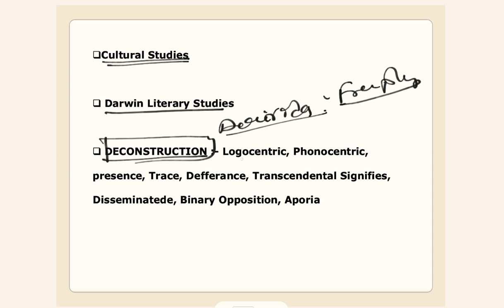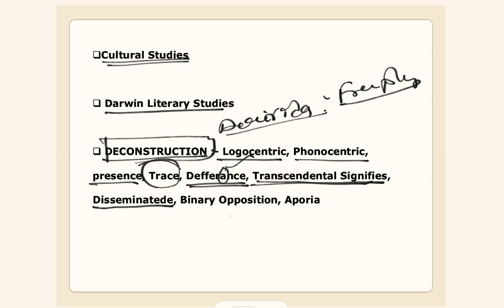Here are terms associated with this literary theory movement: logocentric, phonocentric, presence, trace. This one was asked in the UGC-NET exam. Difference. Look at the word difference. Transcendental signified, disseminated.